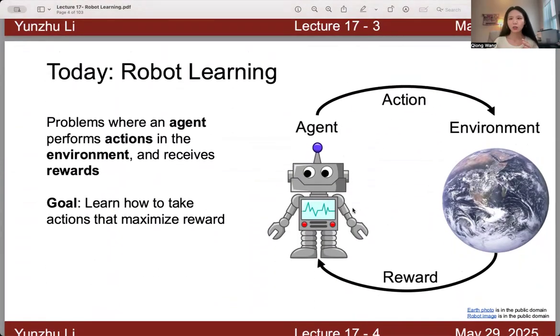Today we'd like to talk about robot learning. So, what's the problem? The problem is where an agent performs actions in the environment and receives reward. And the goal is to learn how to take the actions that maximize the reward.